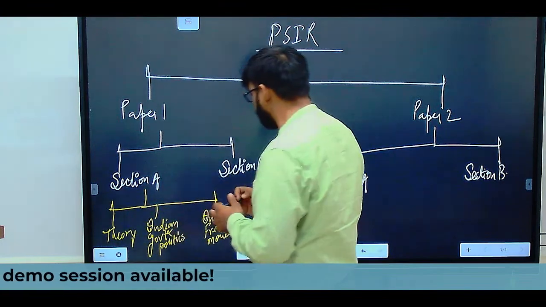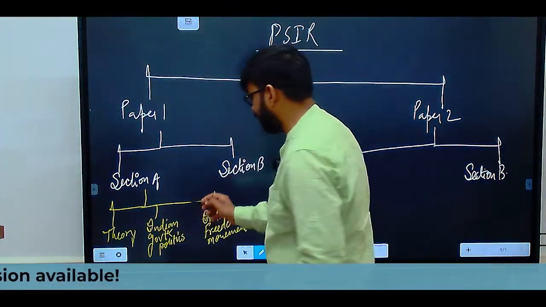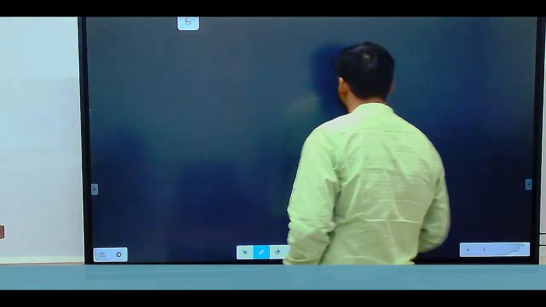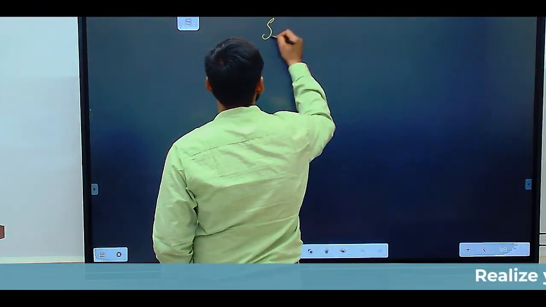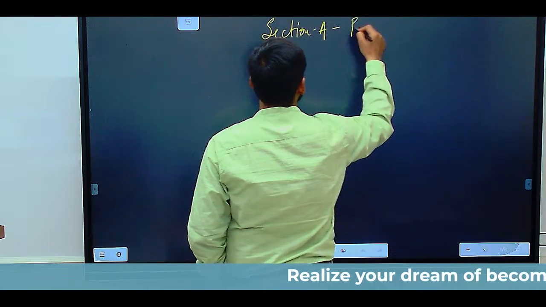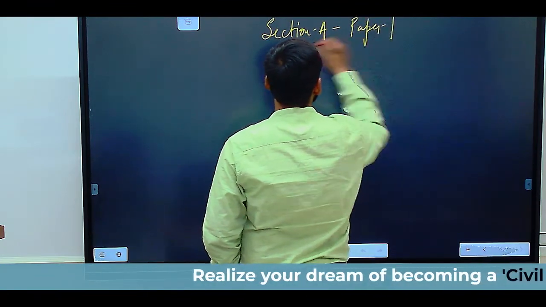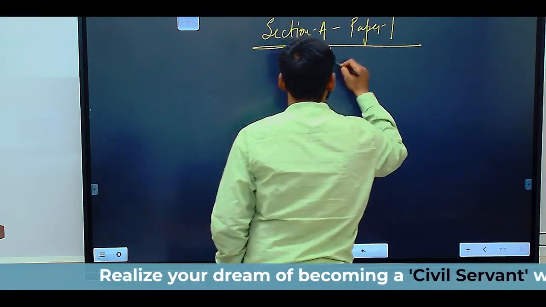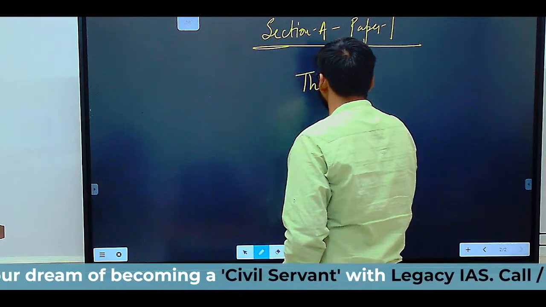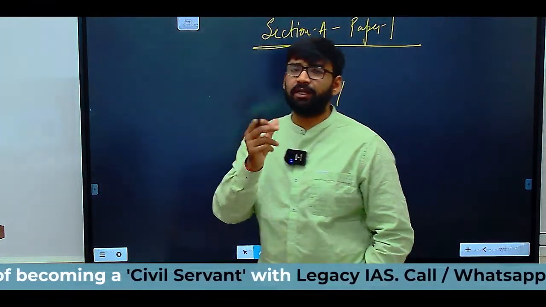Now first of all we'll try to understand theories. Theories create a base for other topics in section A of paper 1. So the most important topic is theory. First of all, what do you understand by theory?